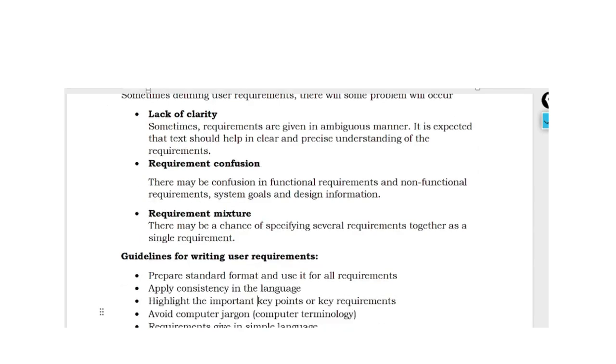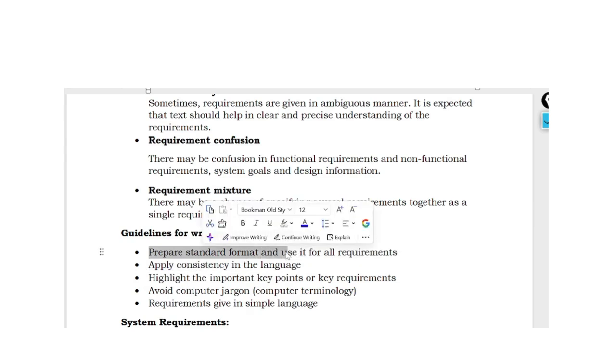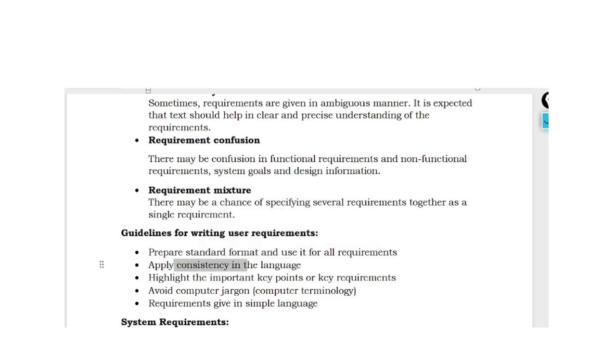For that we have some guidelines. We should prepare a standard format and apply it to all the requirements, and apply consistency while taking the requirements. We need to focus on consistency in the language, and highlight the important key points.